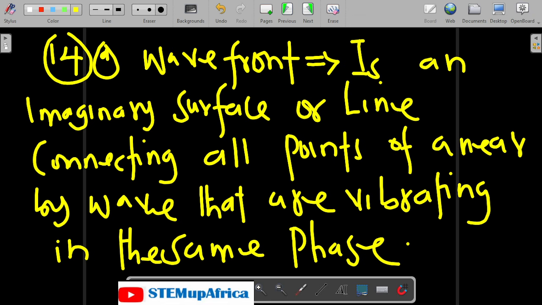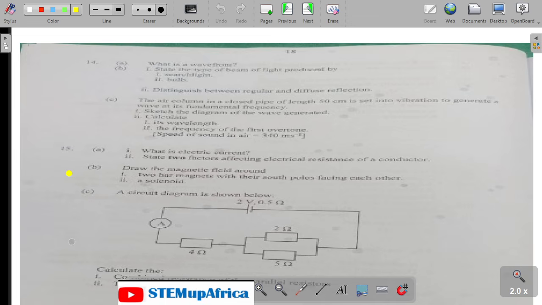So that is the definition of a wavefront according to question 14A.